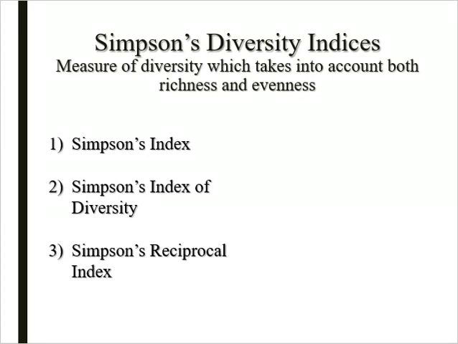So a disadvantage of the Simpson's index, being a dominance index, is that it's heavily weighted towards the most abundant species, and it does not accommodate rarity. The addition of a rare species with one individual, for example, would fail to change the value of this index. It would bear no weight.